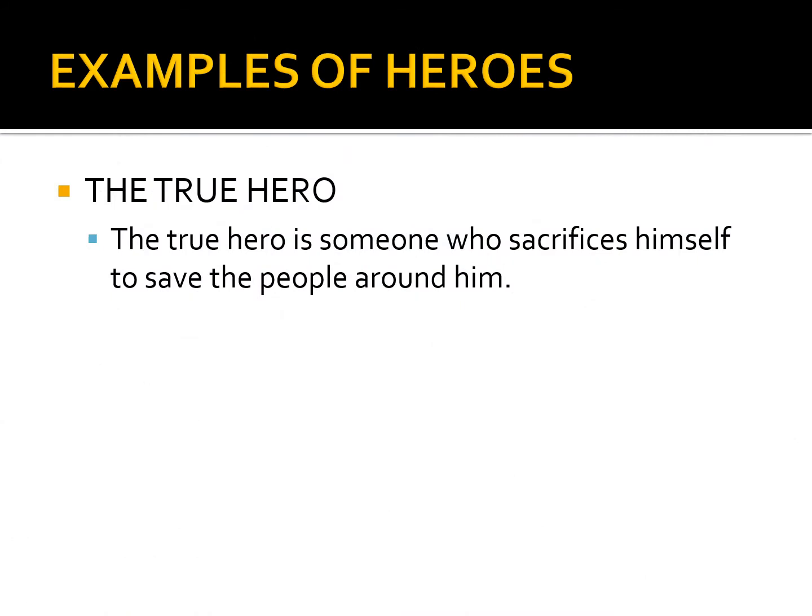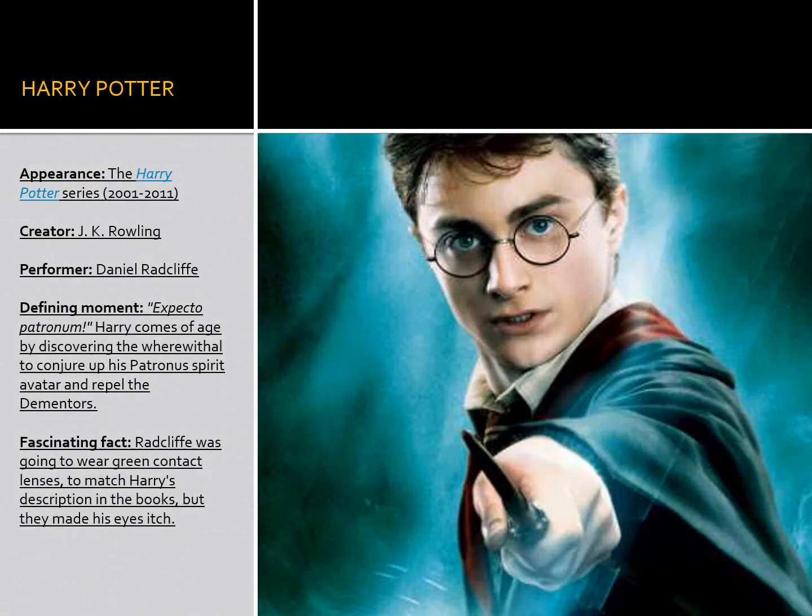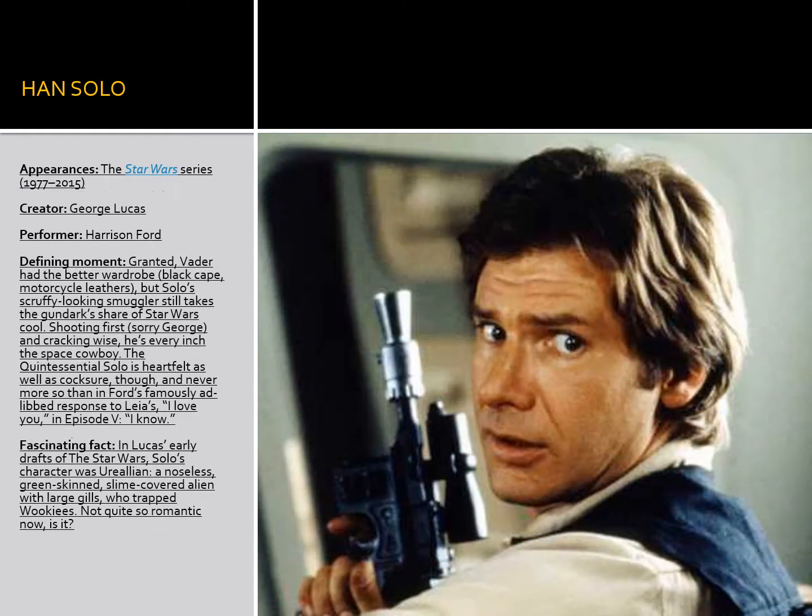The true hero is someone who sacrifices himself to save the people around him. This is usually revealed at the ending of the story. Examples are Harry Potter from the Harry Potter series and Han Solo from Star Wars.